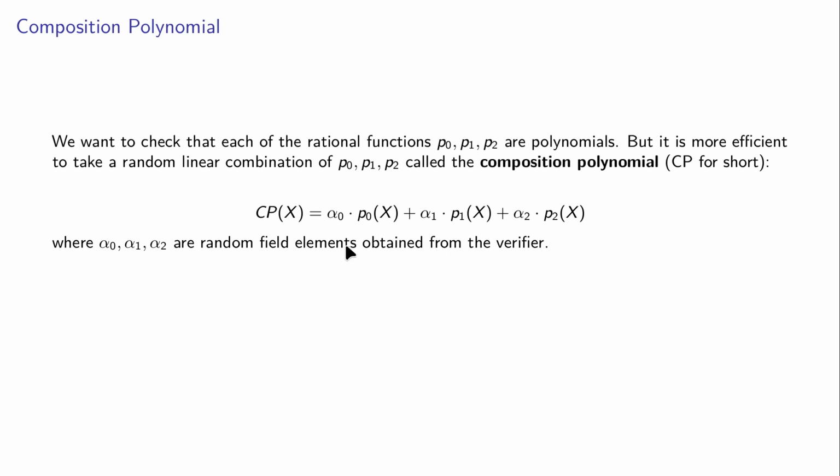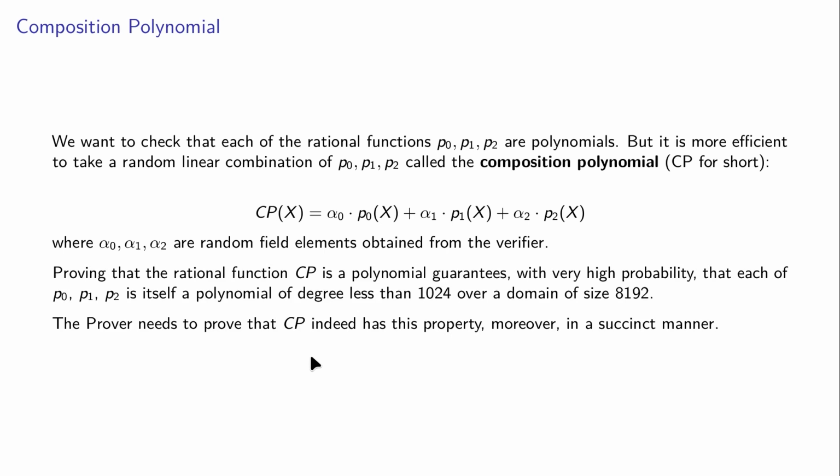The composition polynomial will be the linear combination of this, and so we believe that if each of these polynomials P0, P1, and P2 are of low degree, then the composition polynomial will also be of low degree.